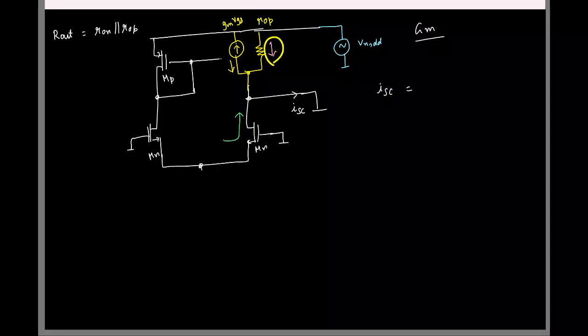So it's VDD by r0 of the PMOS, plus, let's say I call this current I1. So this current will have to flow like this, right? So if that is the case, what can you say about this gate voltage Vg?